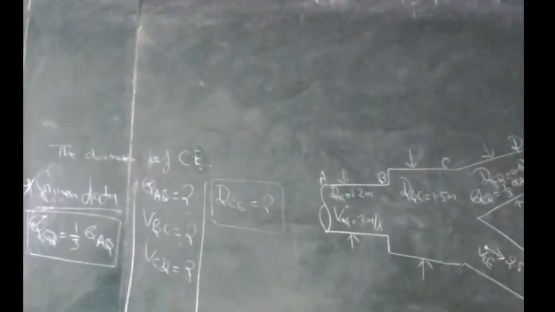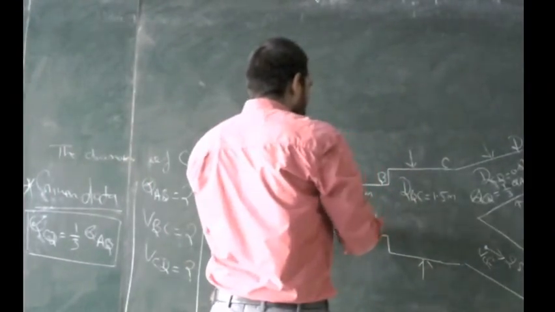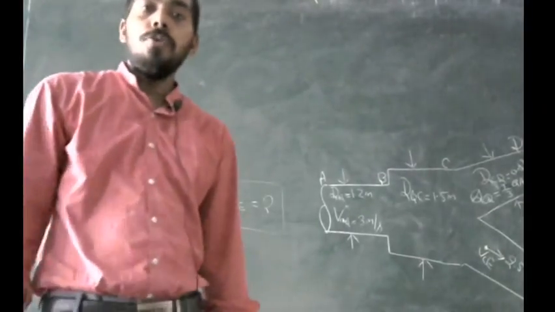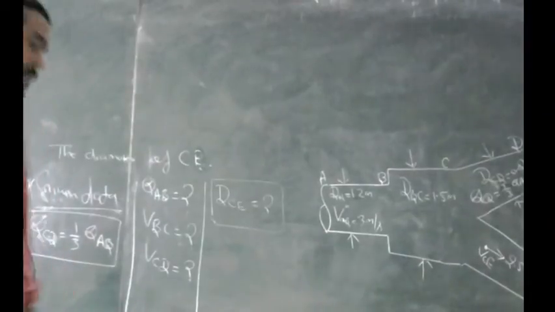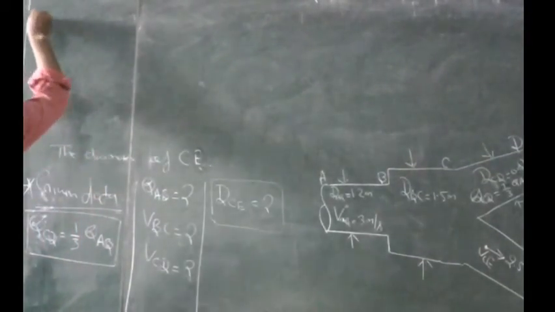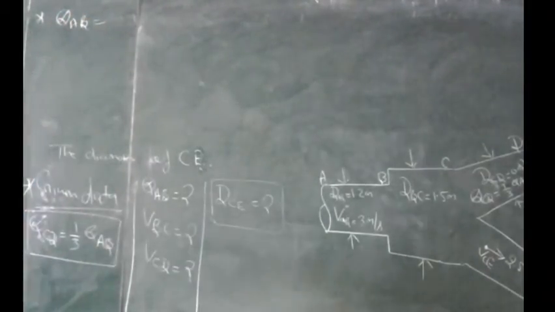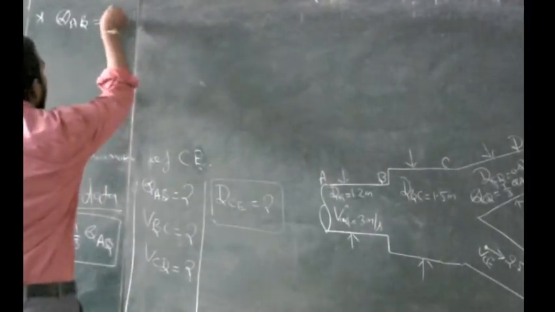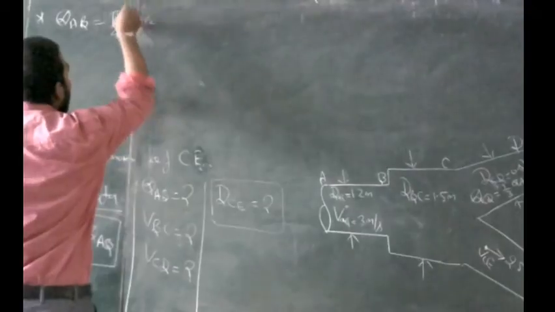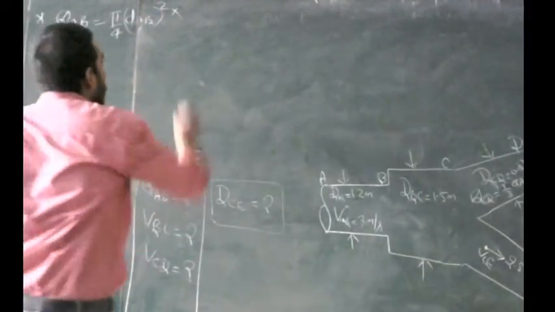Okay, first of all, we start from section AB. We know the diameter and also the velocity, and for discharge, knowing the diameter and velocity is sufficient. So start from AB. QAB equals pi by 4 diameter of AB square into velocity of AB.